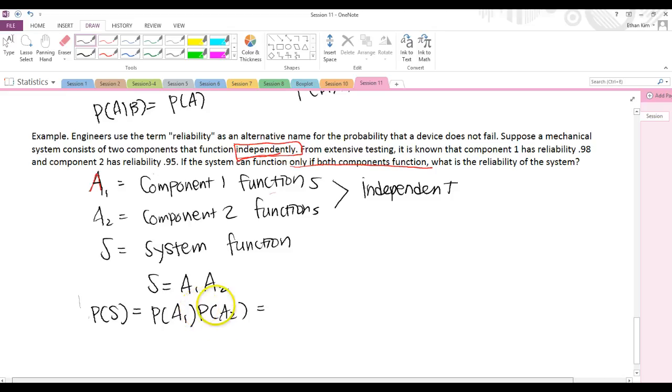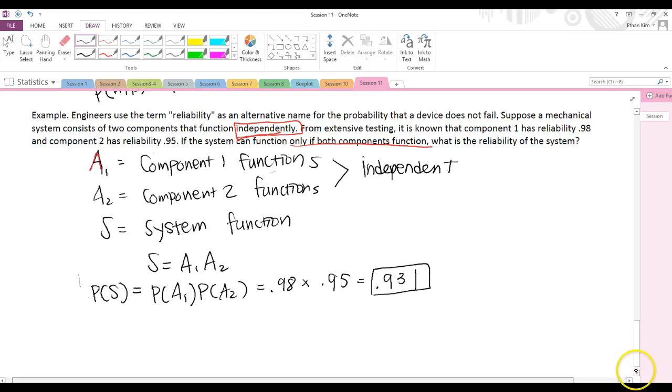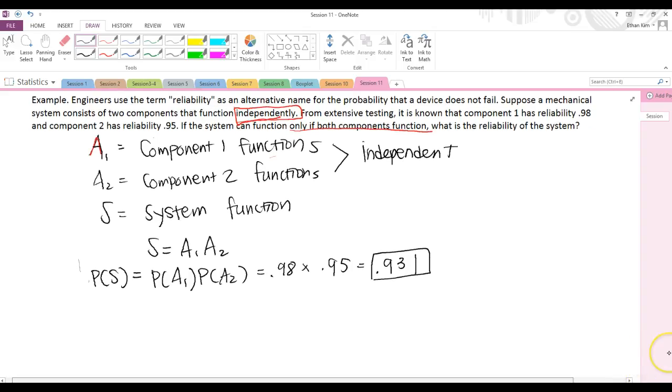And we are already given the probability of A1 and A2. A1 has a reliability of 0.98 and A2 has 0.95. If you multiply this out, you get 0.931. So the system reliability is 0.931. This is actually not the type of question that I expected. I thought it was going to be more complicated, but apparently it wasn't that complicated.